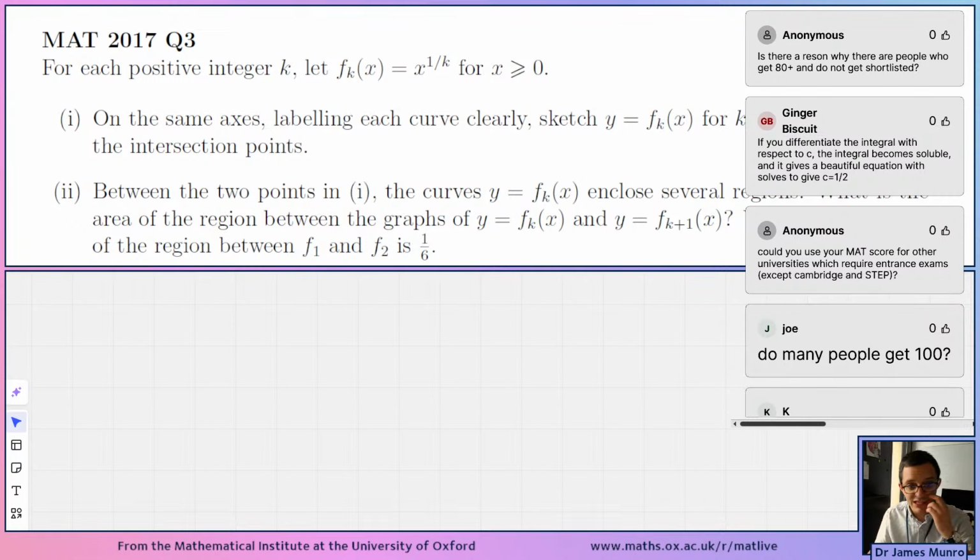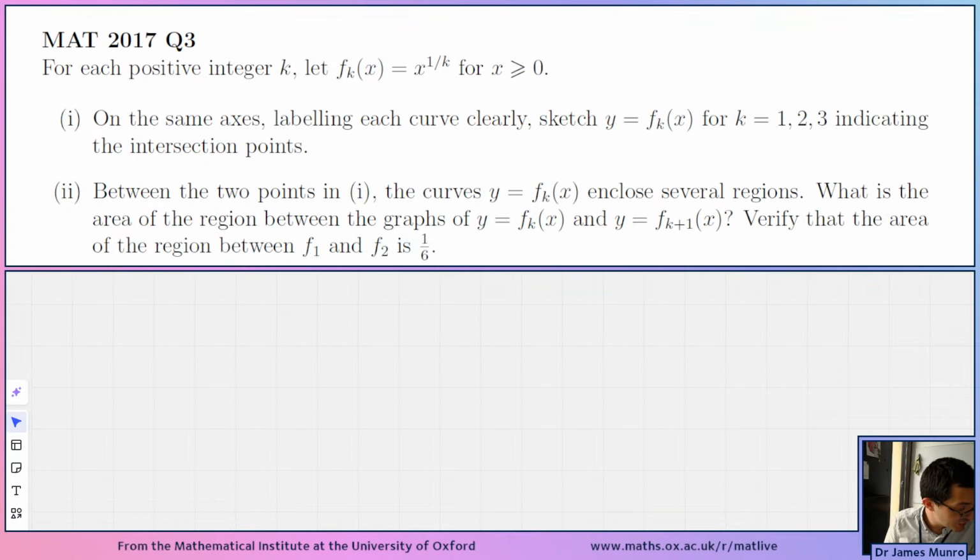Let's have a go at sketching some functions. I think we're just going to draw a few here in the first part of this question. Fk, some f subscript k, a function of x.